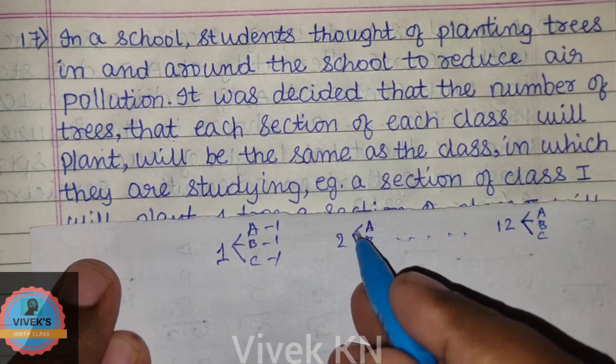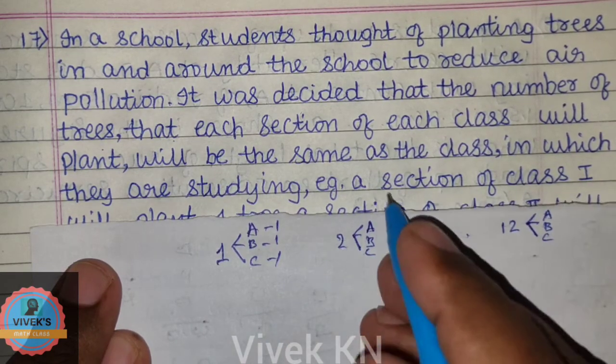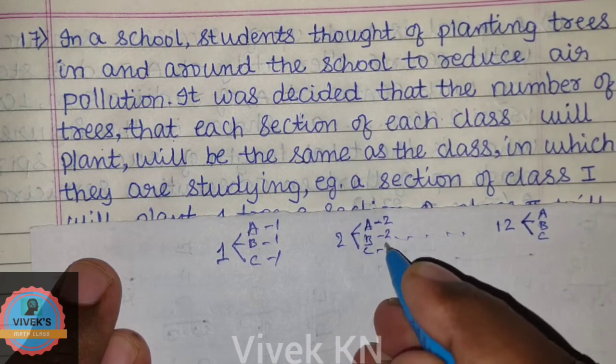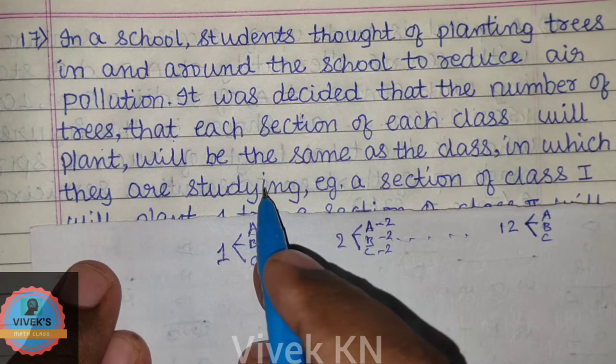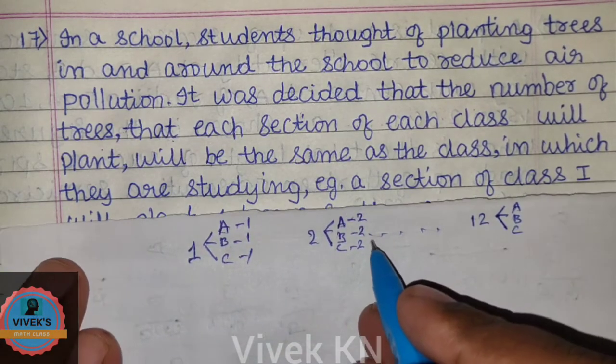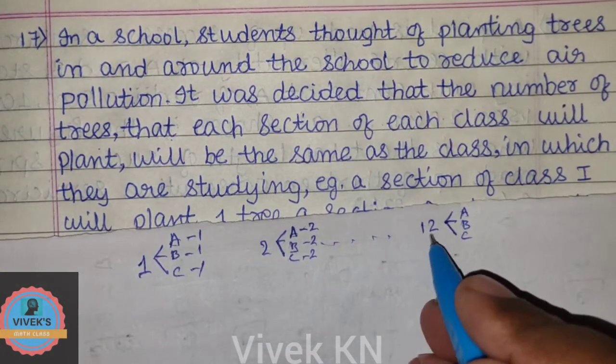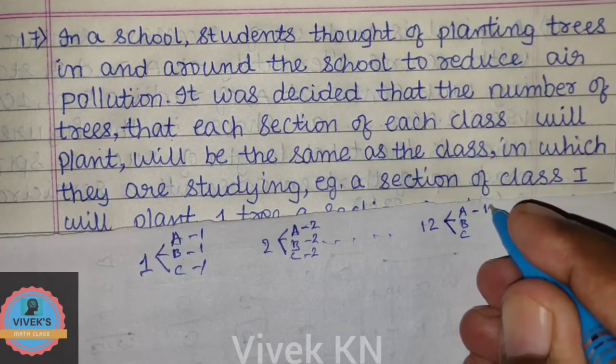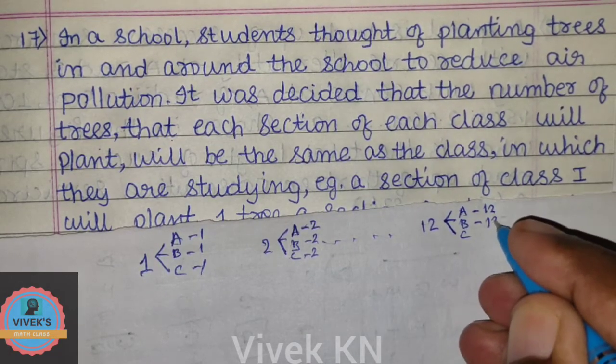Again, each section of class 2 will plant 2 trees as given in the question, and so on up to each section of grade 12 will plant 12 trees.